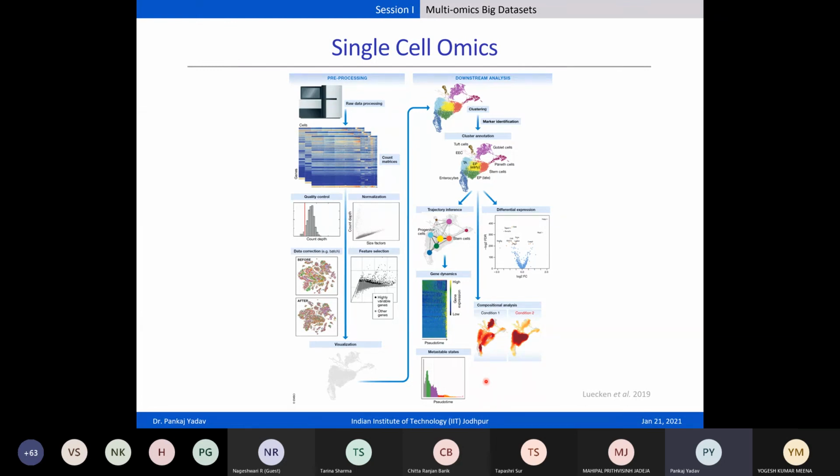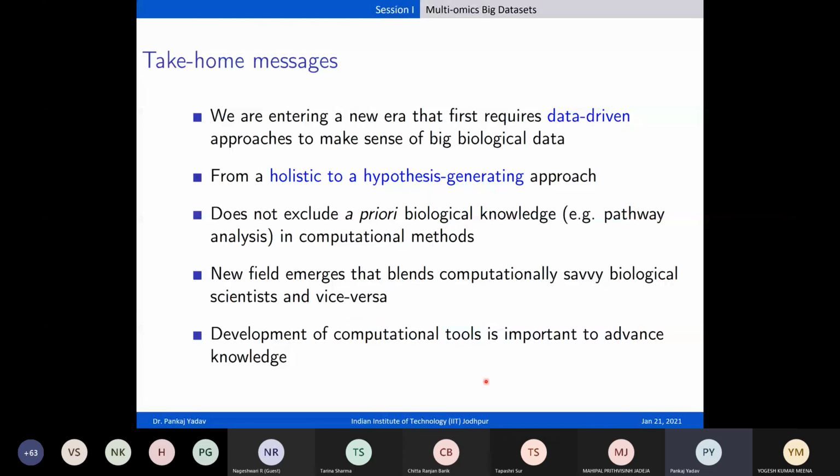With this I will stop, and just before that I will give you some messages. Since we are entering a new era that first requires data-driven approaches to make sense of big biological data, and from a holistic view, we need a hypothesis generating approach.